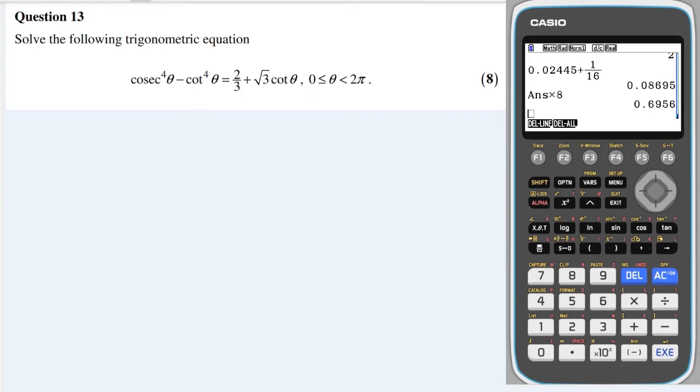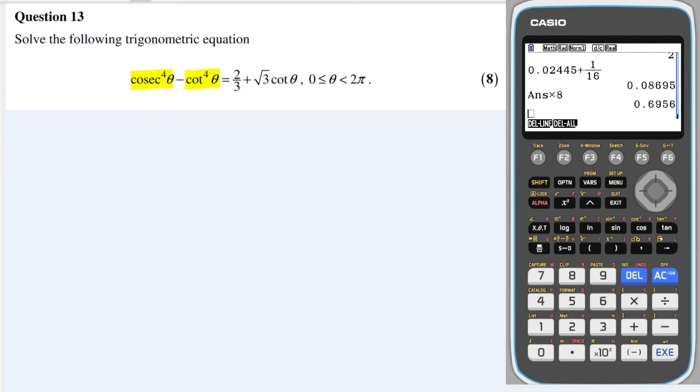Okay, final question. We have a trigonometric equation, nice and simple. And the first thing I've spotted here straight away is that we've got an even power minus an even power, so we can use difference of two squares.